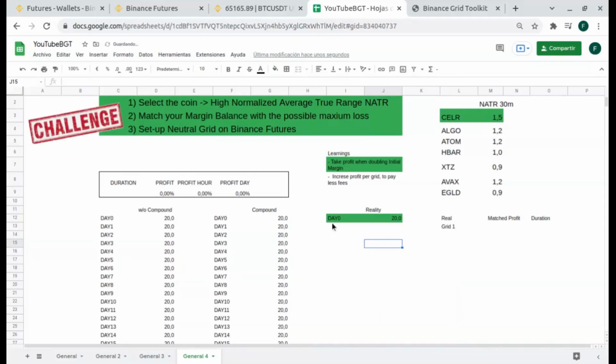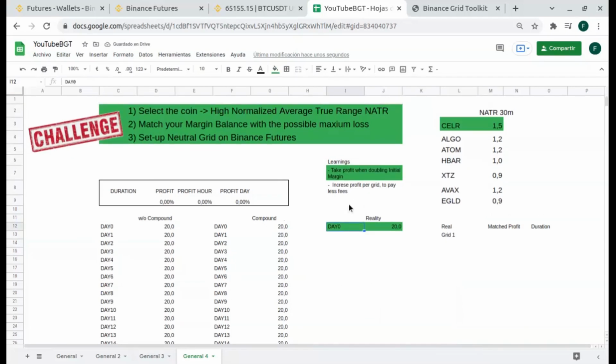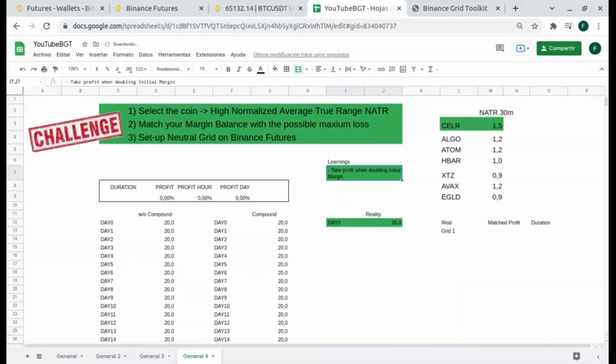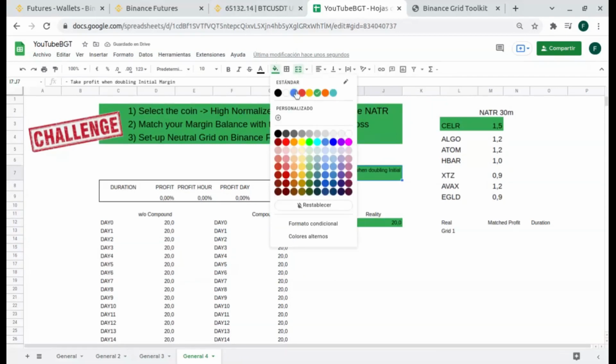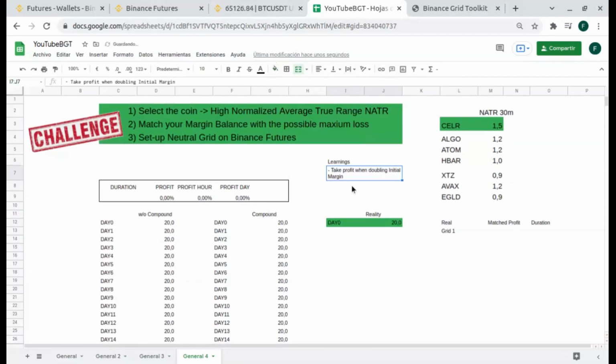I'm going to erase this learning because I think it didn't work out, but I'm going to keep this one, that I will take profit when I double the initial margin. I really don't know, because I already took profit of the $20. I'm going to see that as long as the grid is operating.